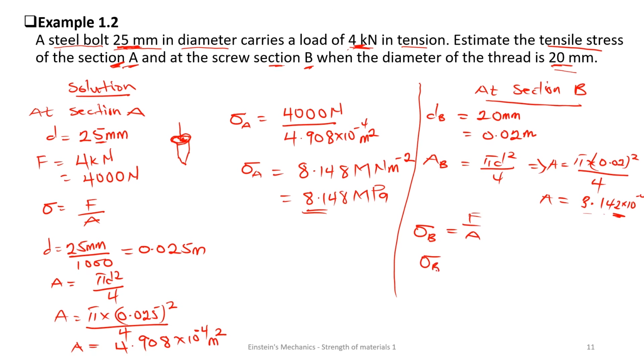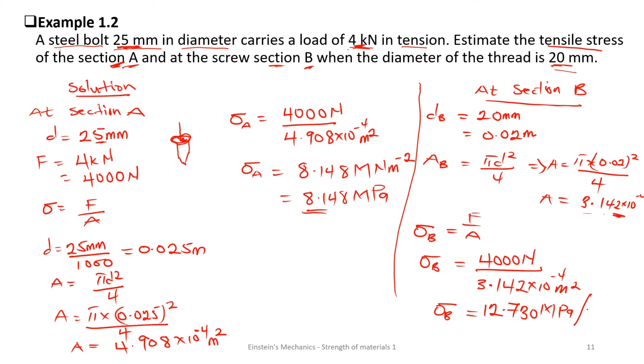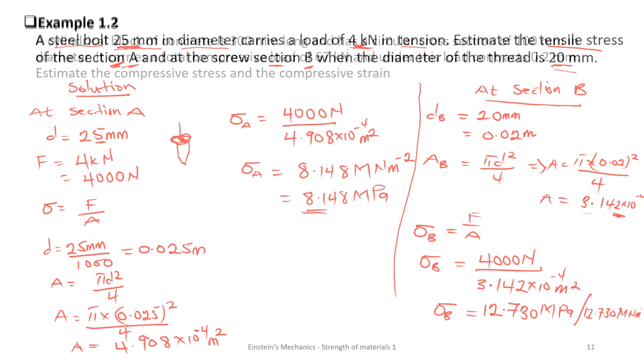The stress at B will be the 4,000 newton force over the area of 3.142 times 10 to the negative 4. Good. So tensile stress at B is now going to be 12.730 mega Pascal, or 12.730 mega Newton per meter square.